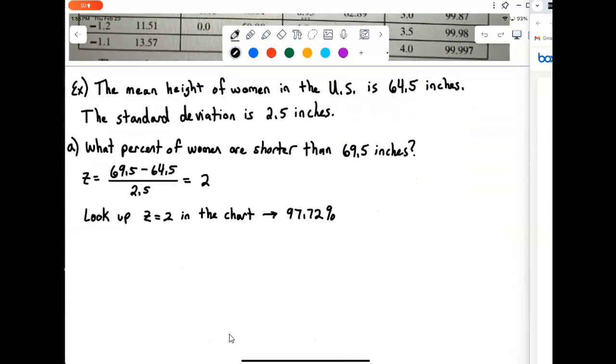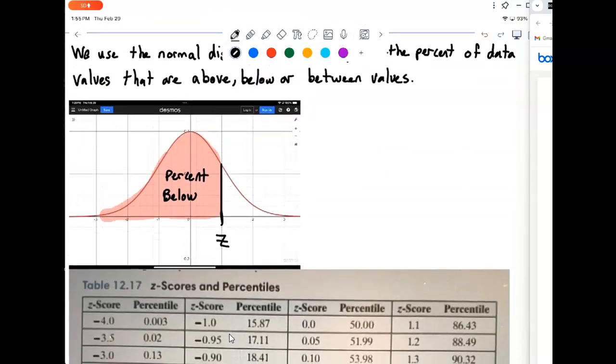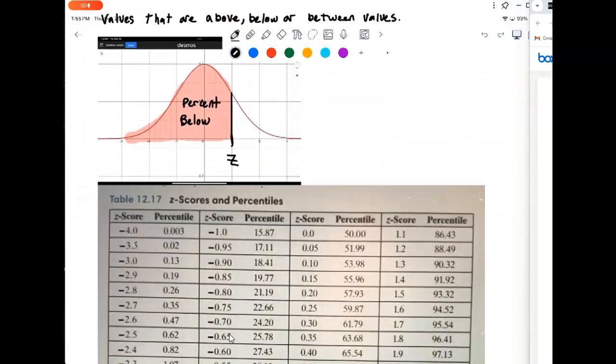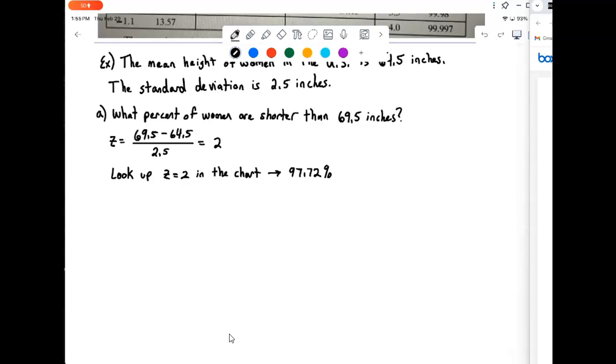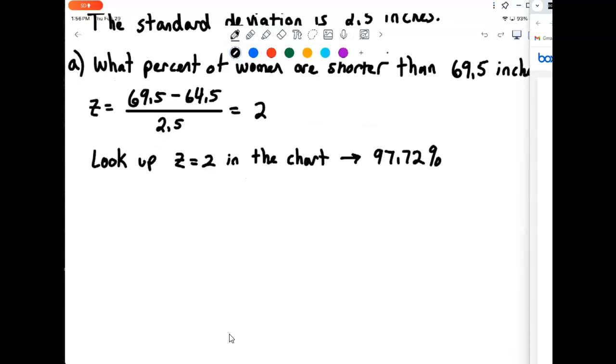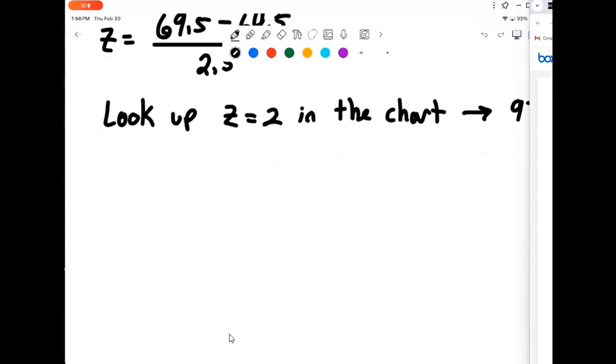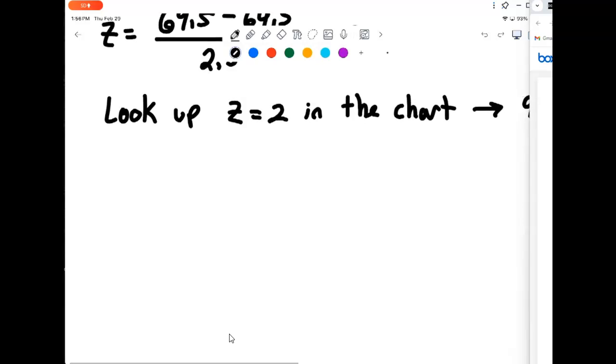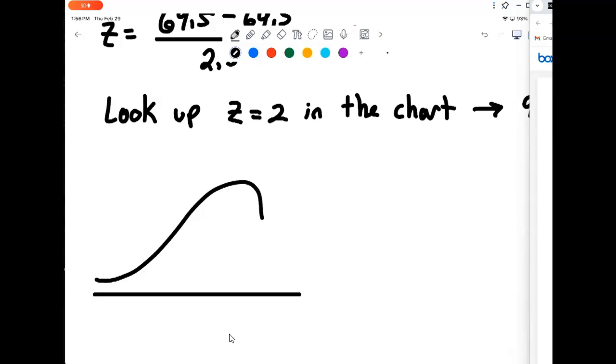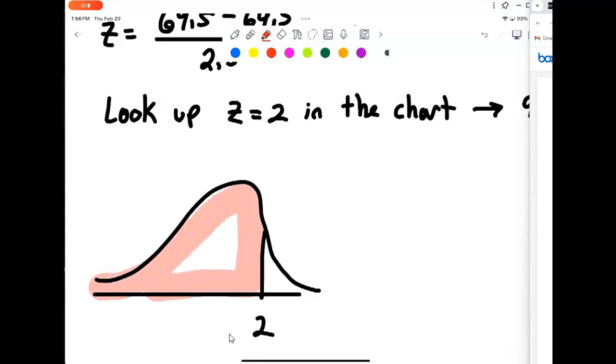Now, the chart that we have there is based on the percent below. That's what the chart always tells us. So since shorter means below, that's exactly what we want. The chart's giving us exactly what we want here.